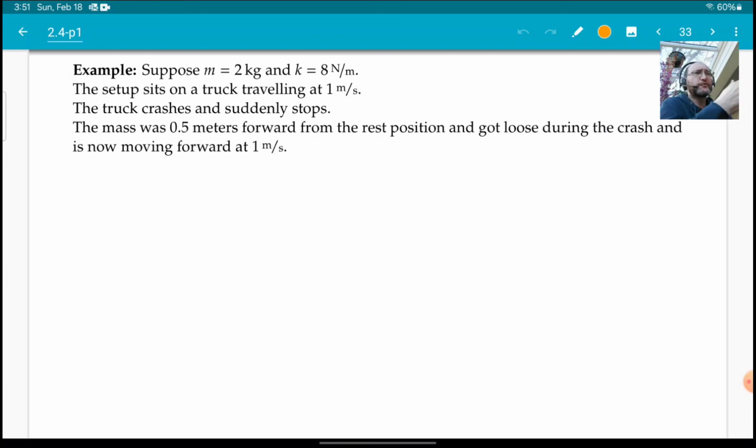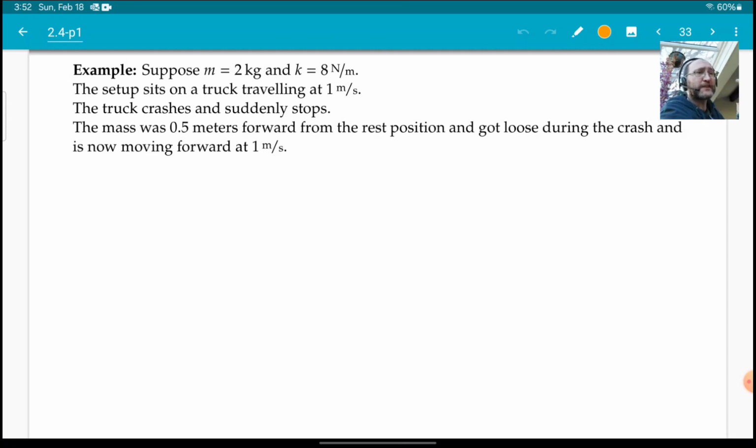because when you packed it onto the truck, you made sure to tie it down or something. But when the truck crashed, it breaks loose, so it's still on the spring. And it was half a meter in front of the rest position, so the spring was stretched a little bit, and it gets loose during the crash, and the mass continues moving because there wasn't any wall in front of the mass itself.